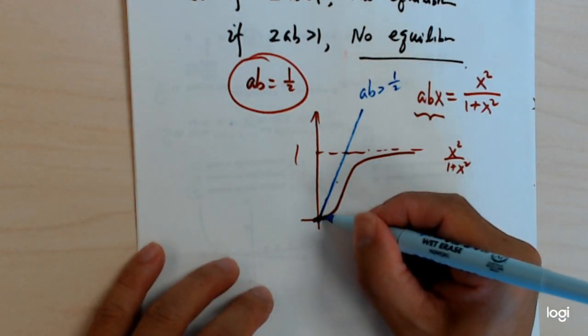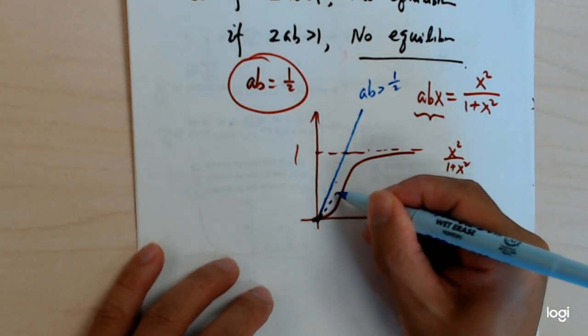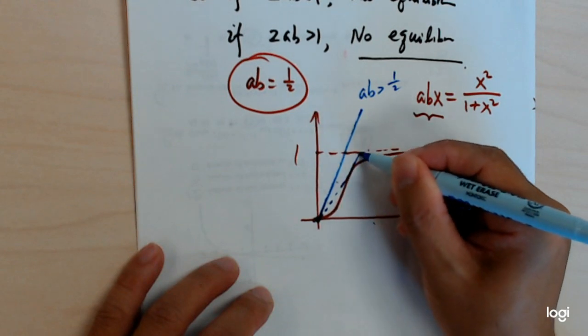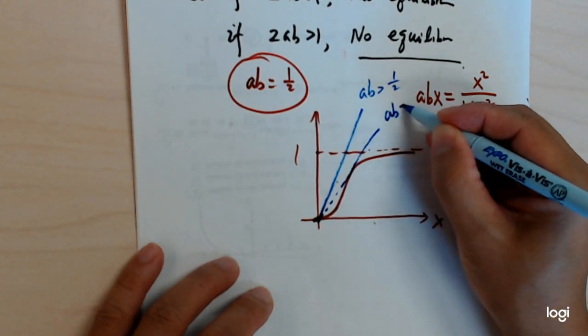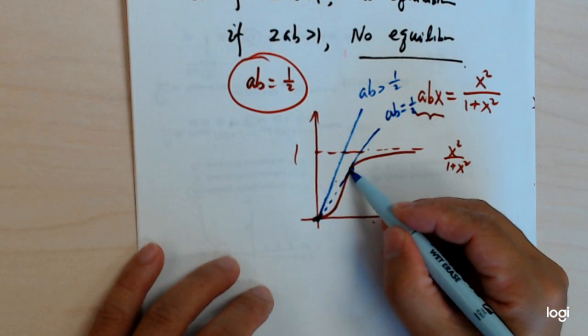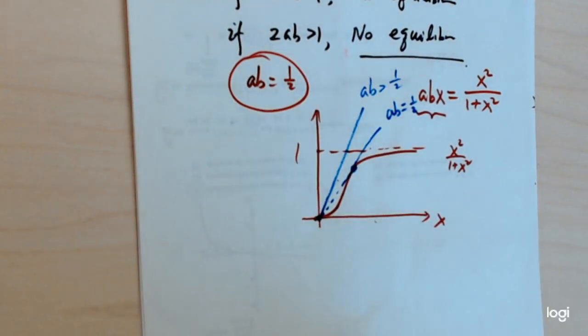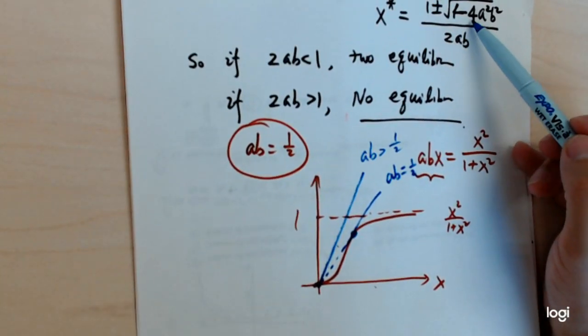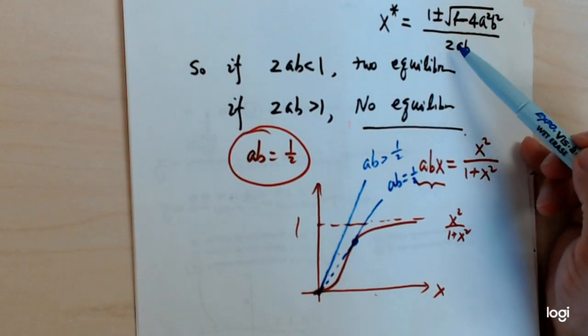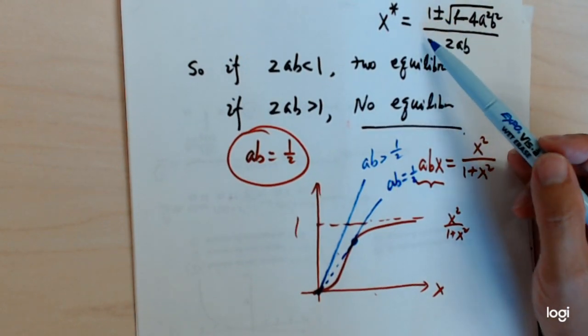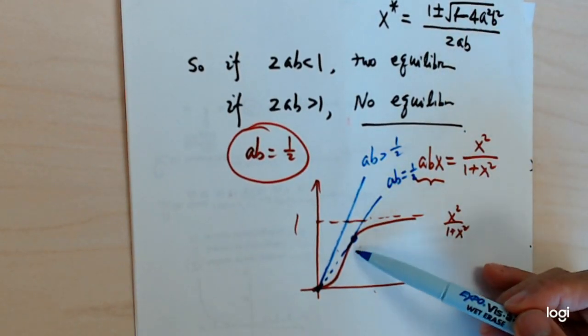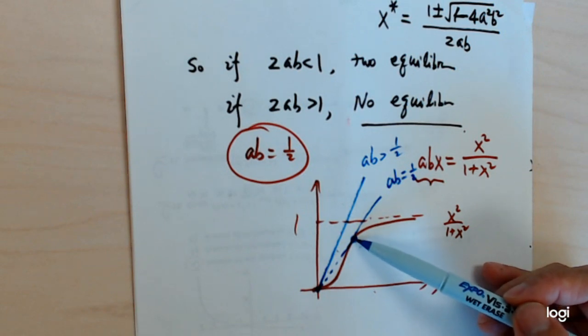And then there is this critical case when ab is equal to 1/2. So there is one additional equilibrium. That is when this discriminant is equal to 0, and that number is given by 1 over 2ab. That's the only additional equilibrium here.